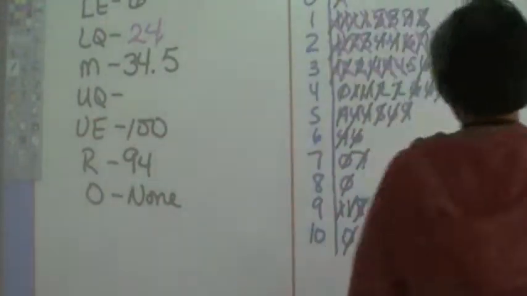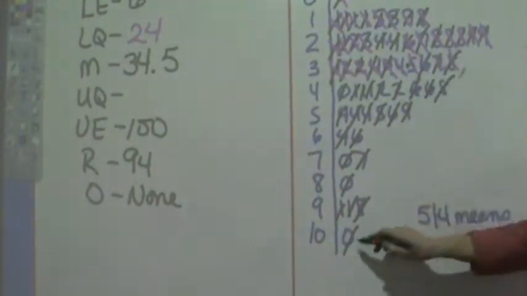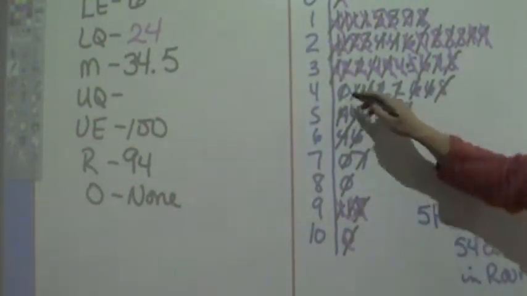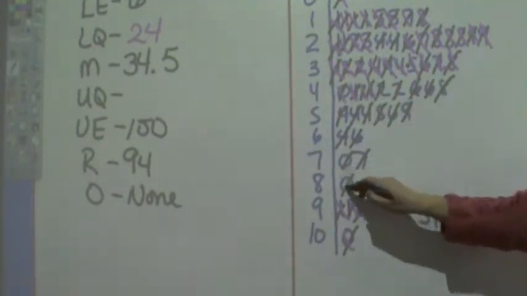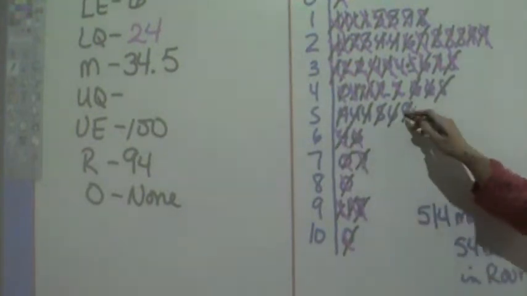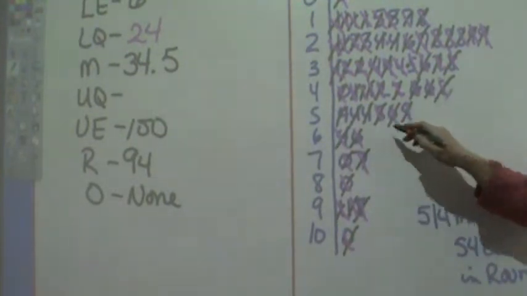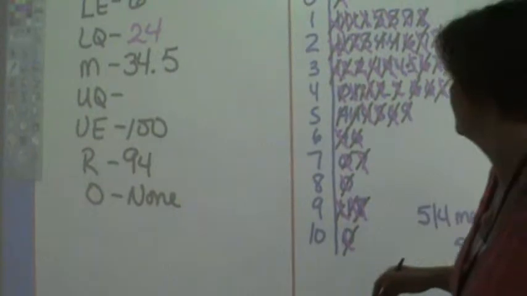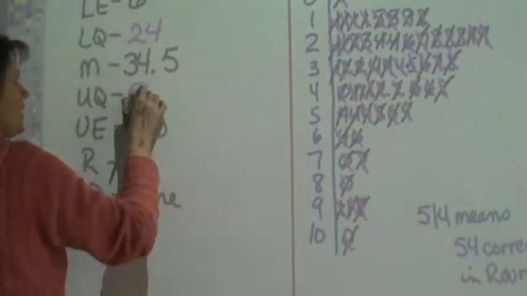And our upper quartile is right there between 54 and 54. Well, that was easy. So there's our data.